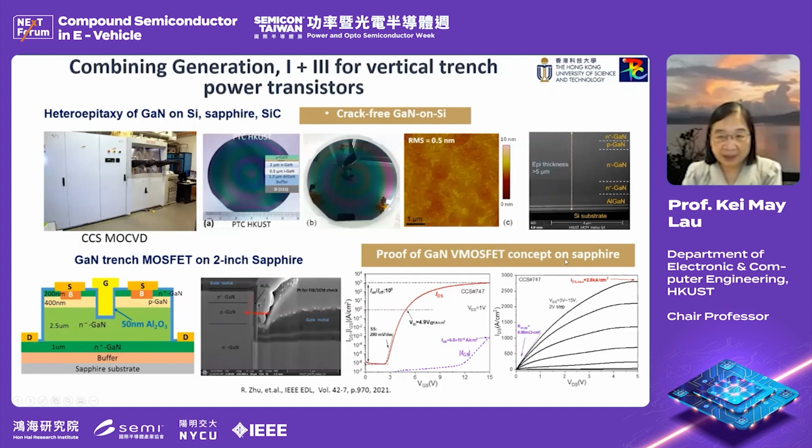We originally tried this concept as a proof of concept grown on sapphire, because in this case we can grow the N- layer thicker. We have proved that it has a very high drain current and the on resistance was very low. And then we also put it on the silicon substrate.